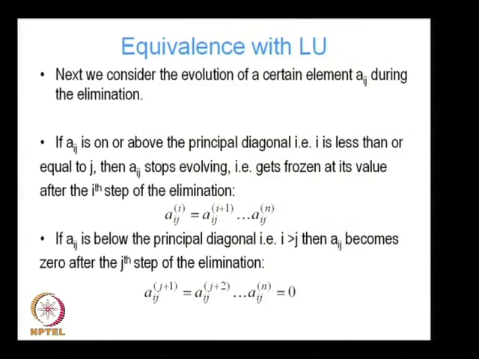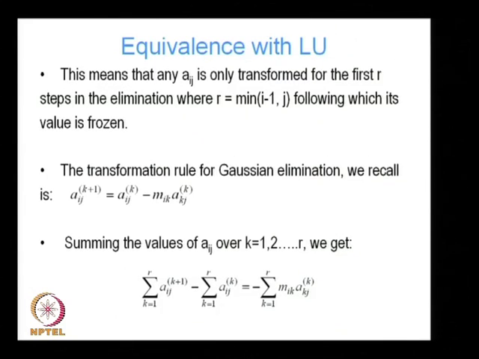Noting that i is the row index and j is the column index, we are combining these two statements together and making this new statement that a_ij only changes for the first r steps in the elimination, where r is the smaller of i-1 and j, following which its value is frozen.